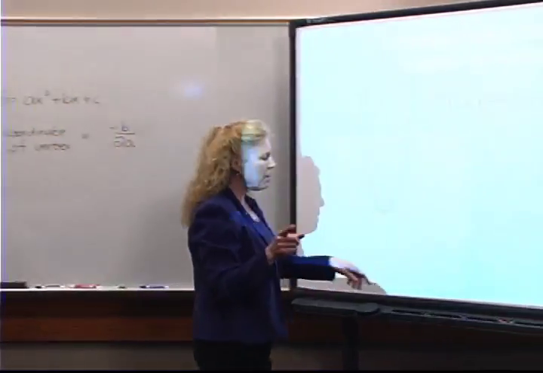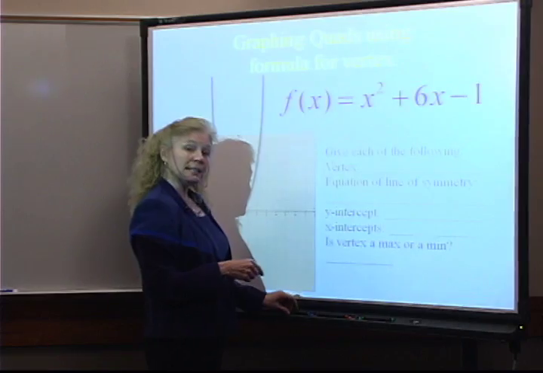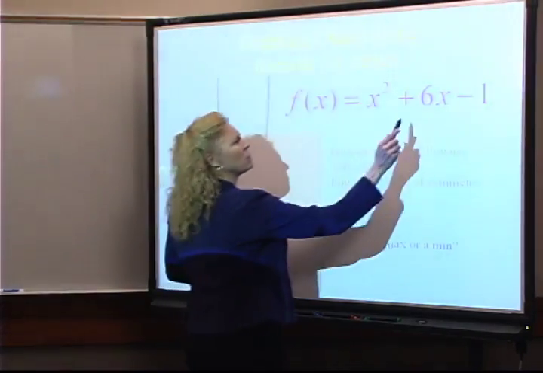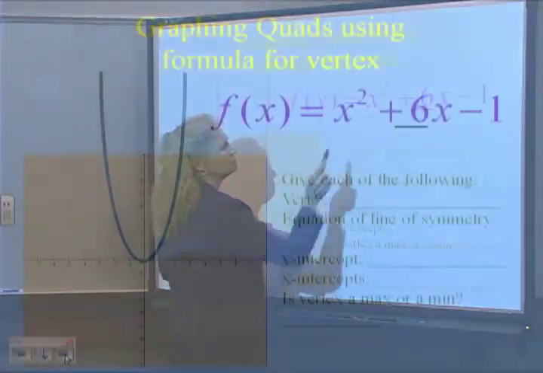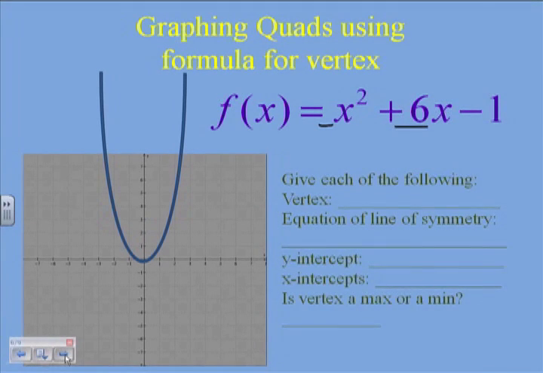With that information, this one is actually easy to work with as well. Because here's my b value, here's my a value, so the x-coordinate of my vertex is at negative b divided by 2a, which is negative 3.